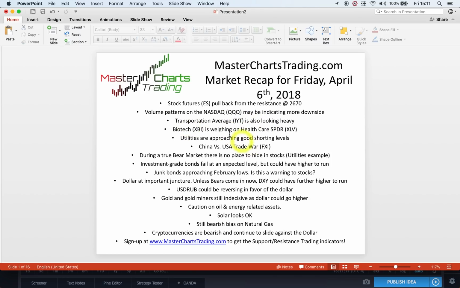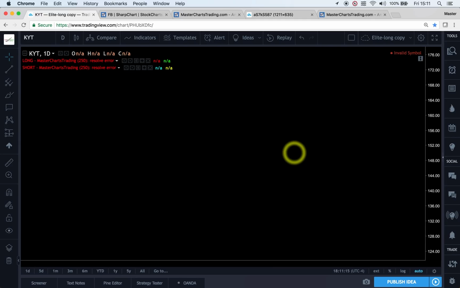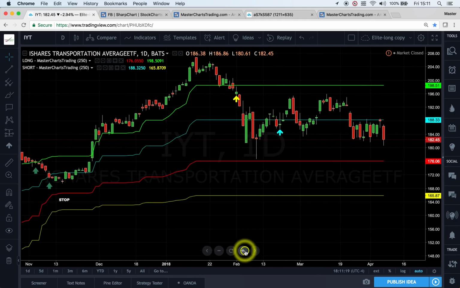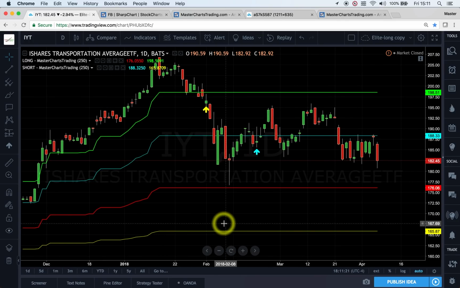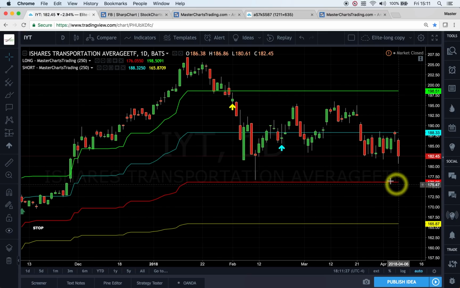Okay, so we can look at transportation average, which kind of worries me. So here's IYT, which is a Dow Jones transportation average, or iShares transportation average ETF. Notice similar pattern. We have a minor support break here on the 22nd of March. Couple of attempts to rally, and again rejection.